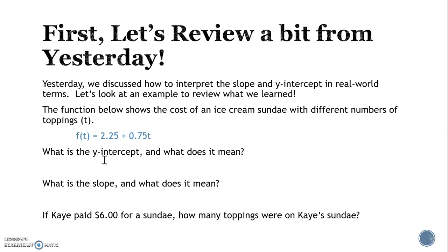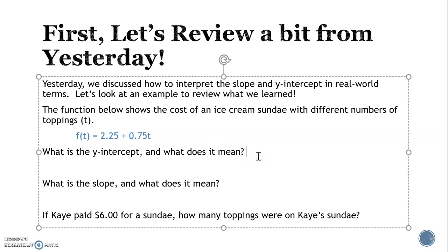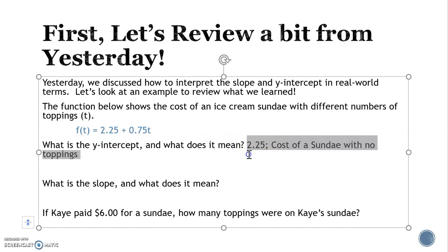Our y-intercept is the cost of a sundae with no toppings. So it's 2.25, and it's the cost of a sundae with no toppings. So that would be how you would interpret it or define it in terms of the problem that we're looking at.